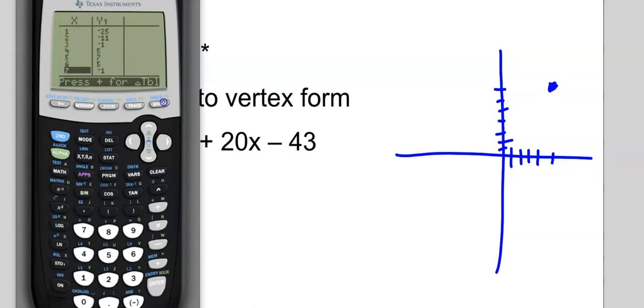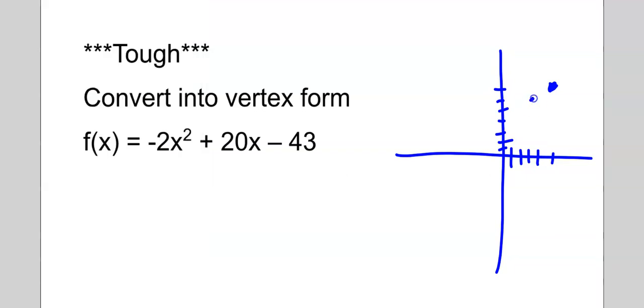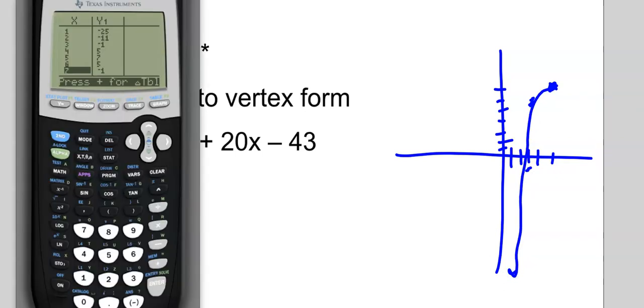And we got 4, 5, and 3, -1. Maybe something like that. And on the other side, we're going to have 6, 5, and 7, -1.